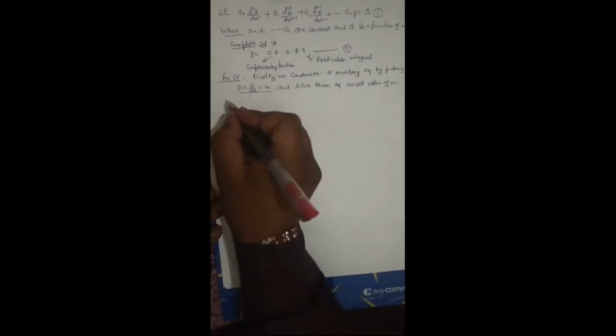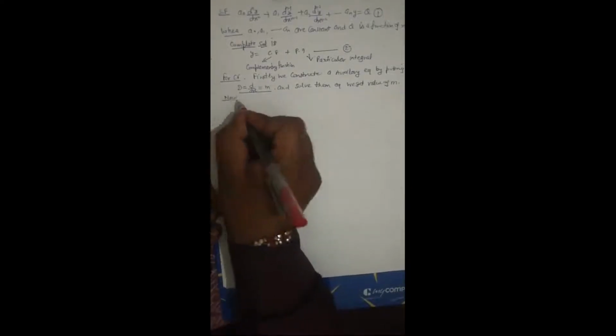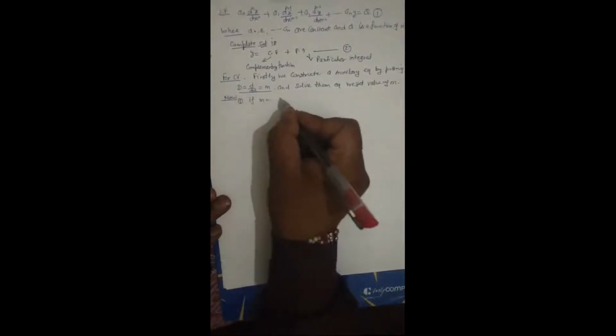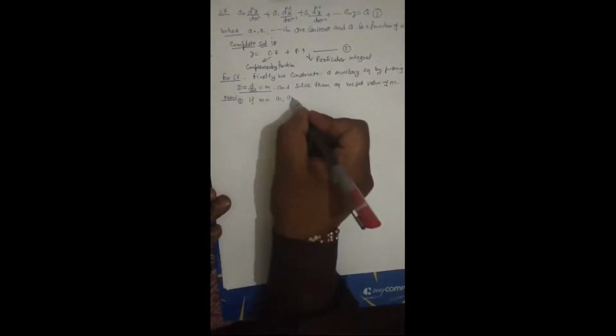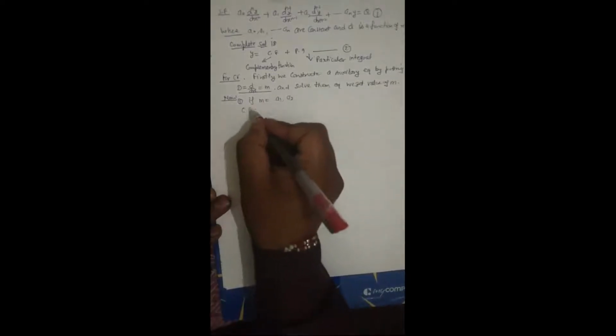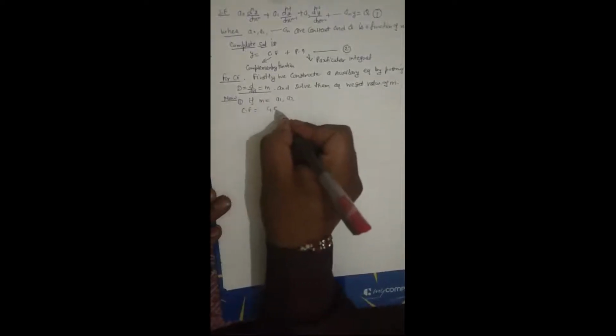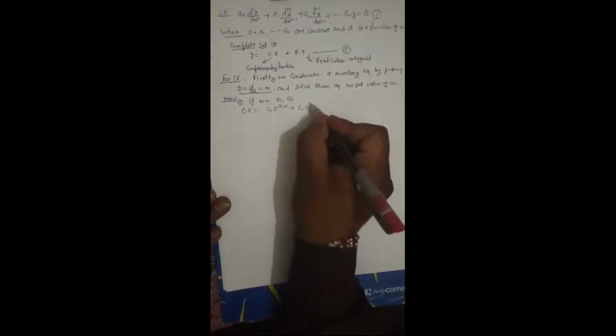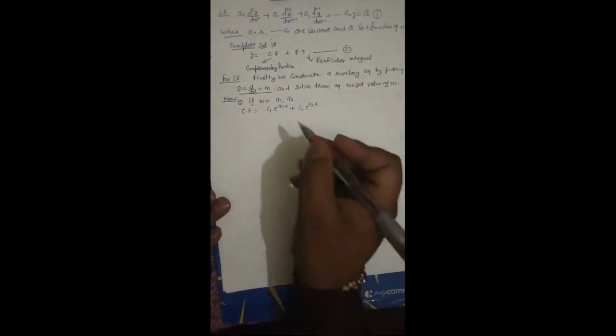Case number one: if m equal a1, a2, then CF equals c1 e^(a1x) plus c2 e^(a2x), which is the CF part of the solution.